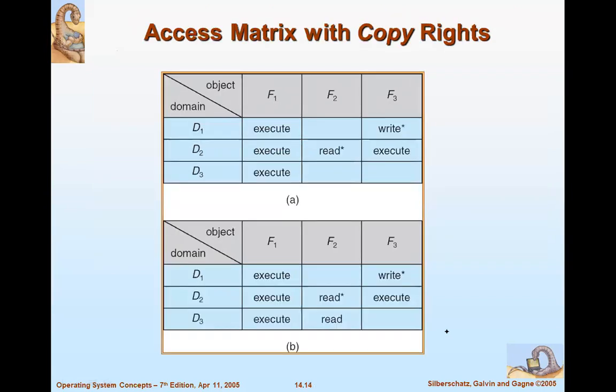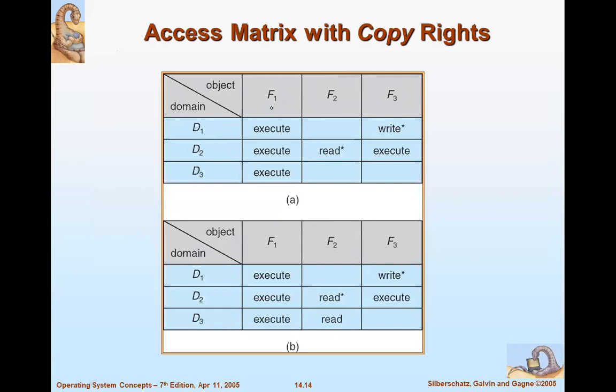This is further divided to explain the copy rights in this access matrix, and you can see again over here the further explanation he has given in these two tables, table A and table B. In table A, he has objects F1, F2, and F3, and domains again D1, D2, and D3.